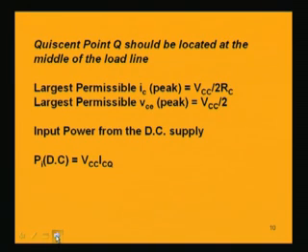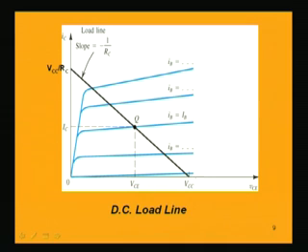If we consider the maximum value of VCE, that is VCC, the Q point is located here. In the collector current we get, from the DC value, a swing like this. This is the DC collector current, this is the peak value IC peak, and this will be the maximum allowable peak of the collector current.